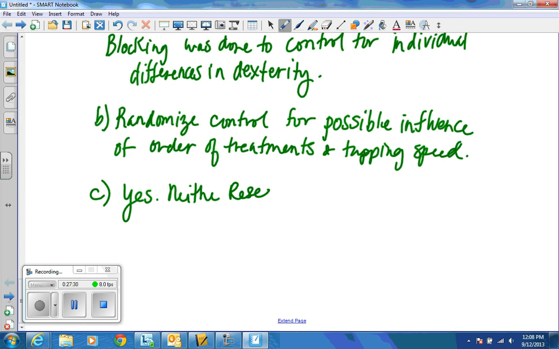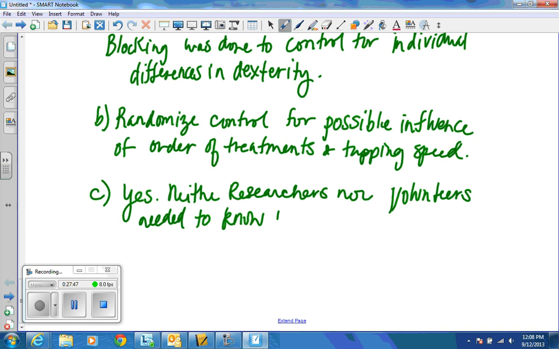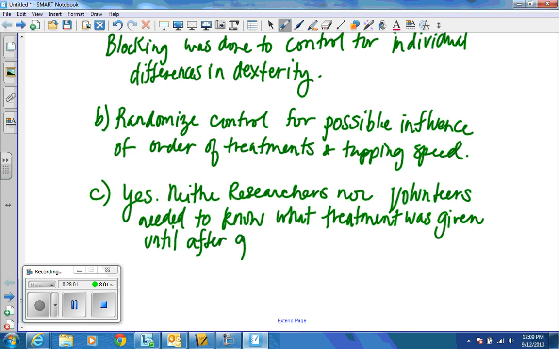Neither researchers nor people in the survey, the volunteers, needed to know what treatment was given until after gathering all the data. Okay? So you could have a third party involved in making sure that those researchers did not know.